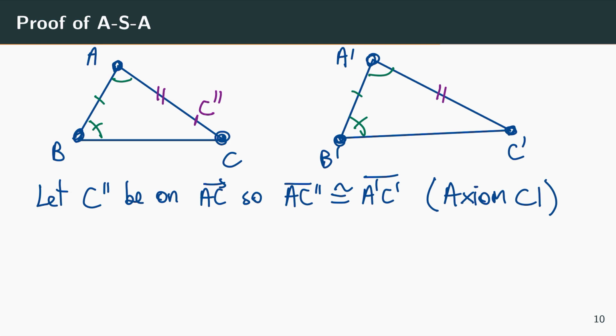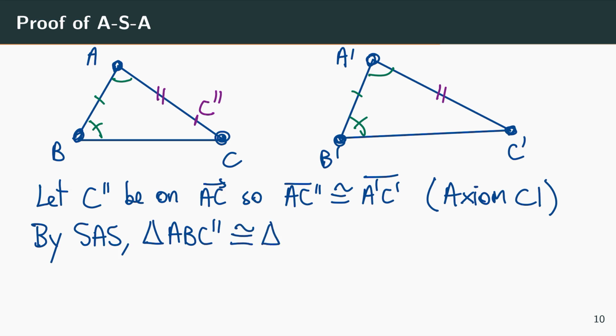Okay, now that we have this C double prime on our triangle ABC, what we do is we observe by side-angle-side this gives us that the triangle ABC double prime is congruent to triangle A prime, B prime, C prime. And so I'm going to maybe draw that in.